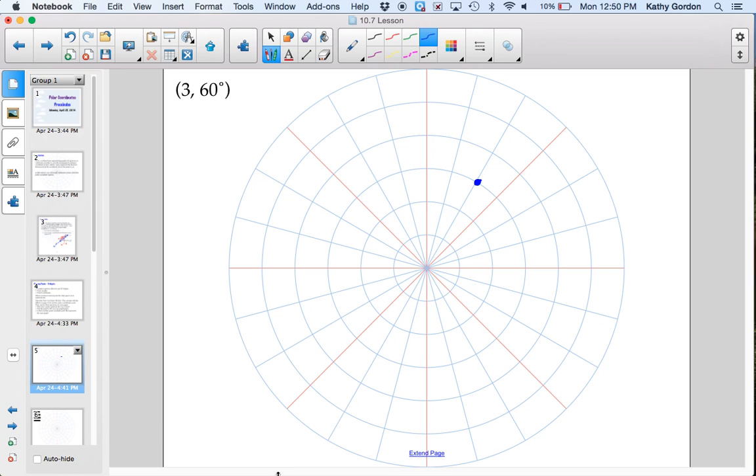Boom, there's your point. Now the third question kind of gets back to what was mentioned a minute ago. Is there another way to write polar coordinates that would represent this same exact point? Yes. Give me an example. (-3, 240 degrees).